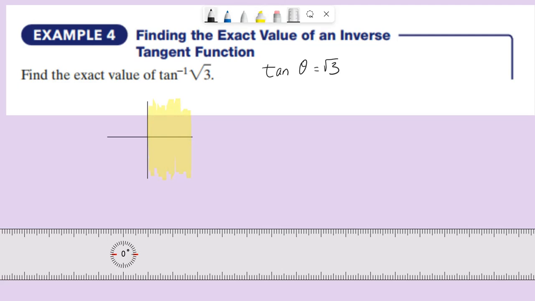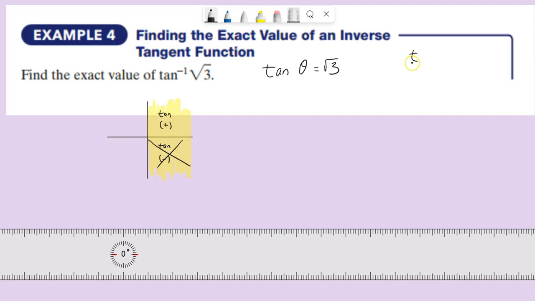Now, tangent, like all trig functions, is going to be positive in quadrant 1, and it will be negative in quadrant 4. It's given to us as a positive, so that means it must be in quadrant 1.